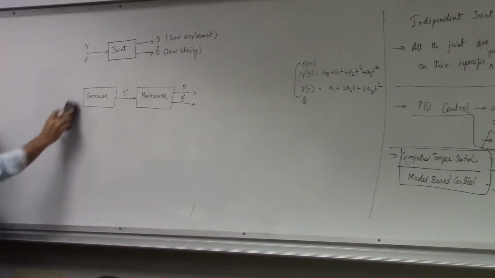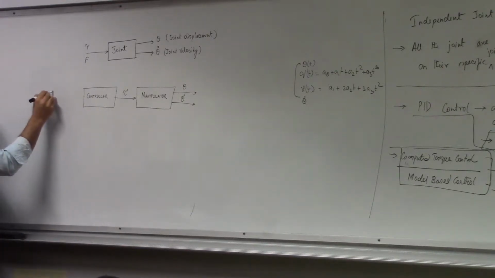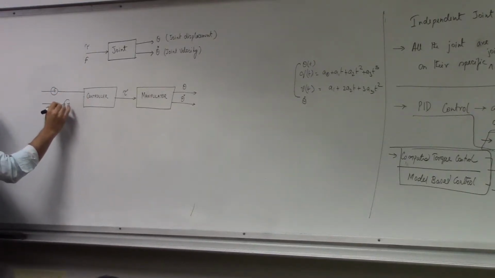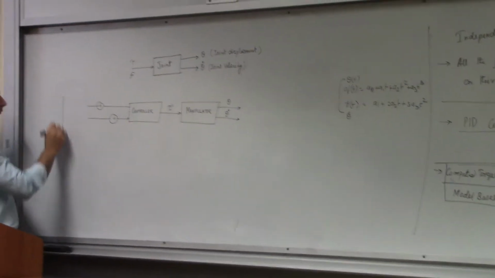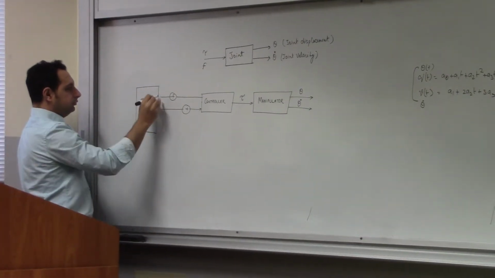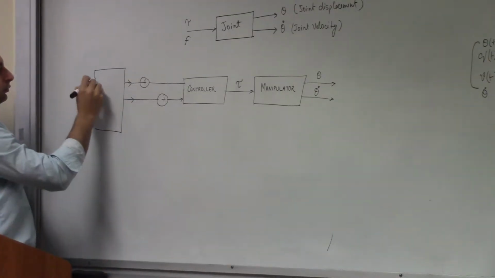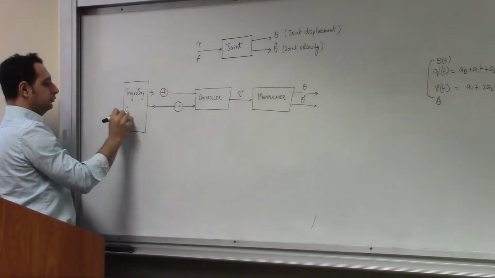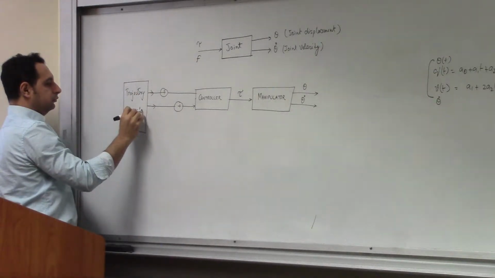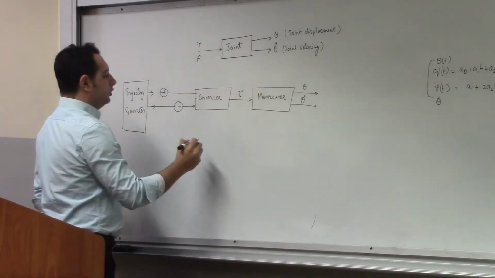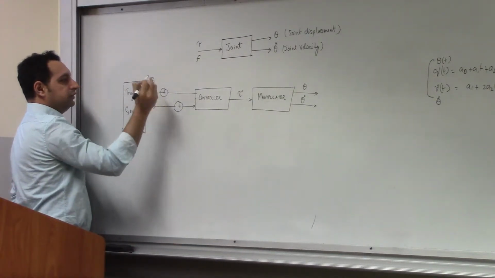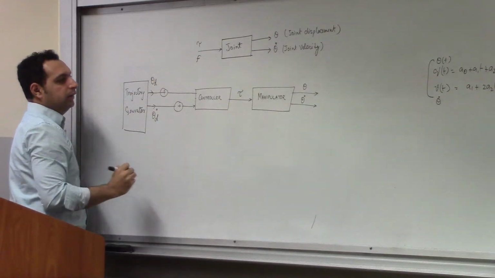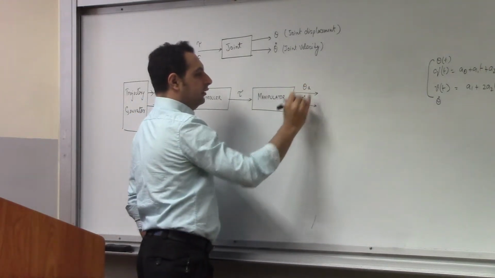Let's do two values. You can have one, but anyway, let's do two values for now. So this will give you, let's call this Qd dot, and let's call this A and A.